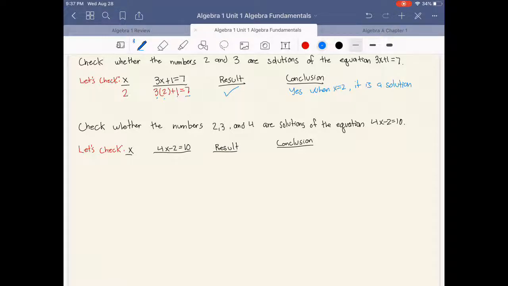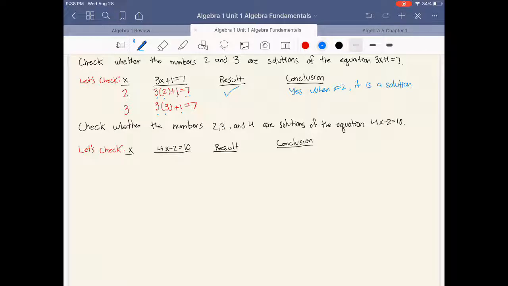Okay, so when we replace x with 3, let's verify if that equals 7. So let's replace x with 3. 3 times 3 plus 1 equals 7. Now I hope you guys are following along and saying it as I go. 3 times 3 gives us 9, plus 1 gives us 10.